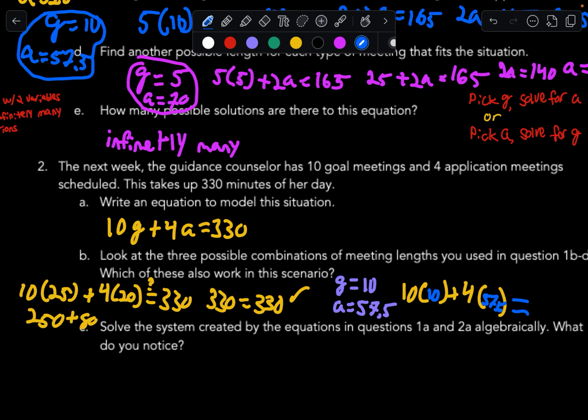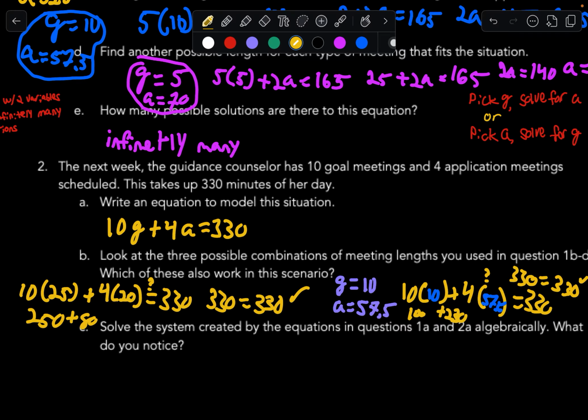And does that equal 330? So 10 times 10 is 100. 4 times 57.5 is a number that I don't actually know off the top of my head. It's 230. So we have 100 plus 230. So yes, indeed, we get 330 equals 330. Both those points work.